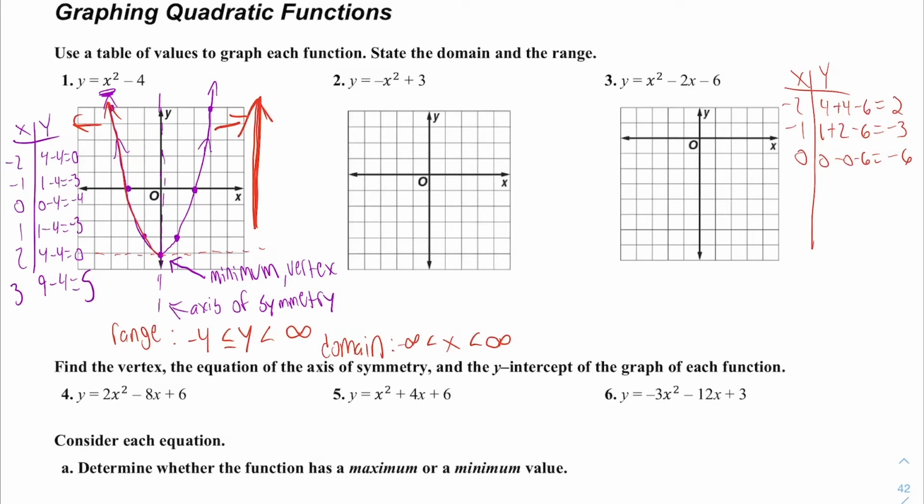Oh, we should go to +1 and see what happens there. 1, 2, and then I'll do 5. 1 squared minus 2 minus 6 is -7. 2 squared minus 4 minus 6 is -6. 5 squared minus 10 minus 6 equals 9.